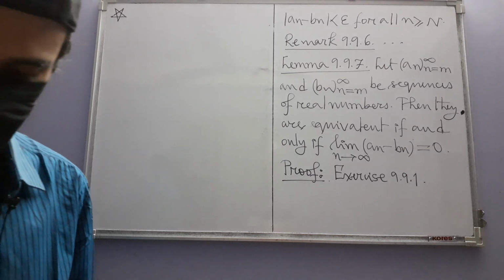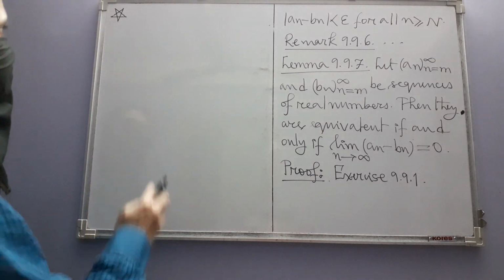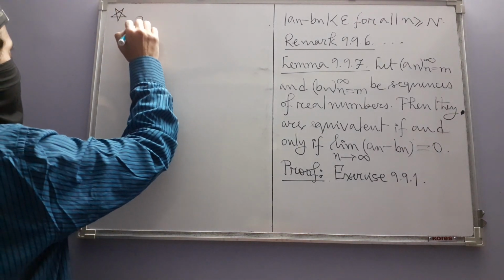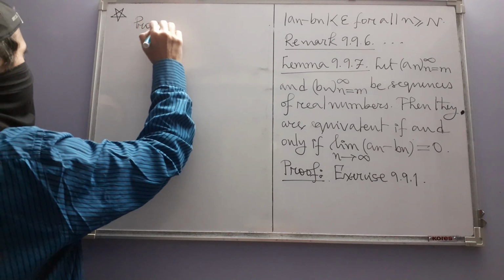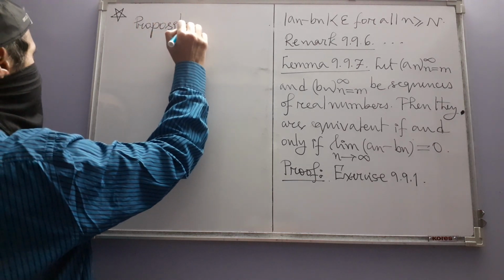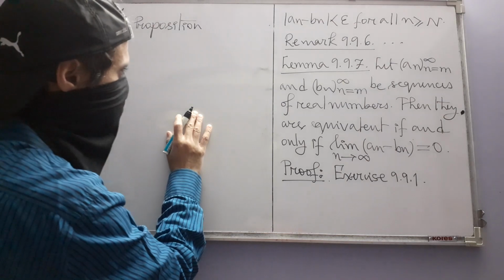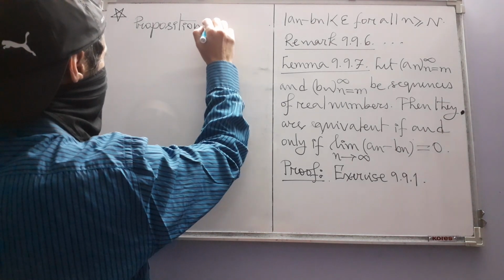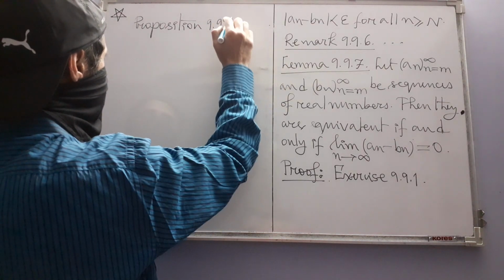So this next item is a proposition. Step 8.7 was that one.